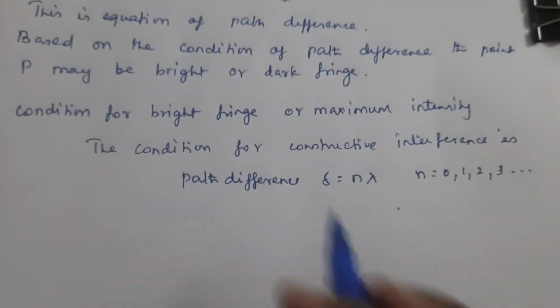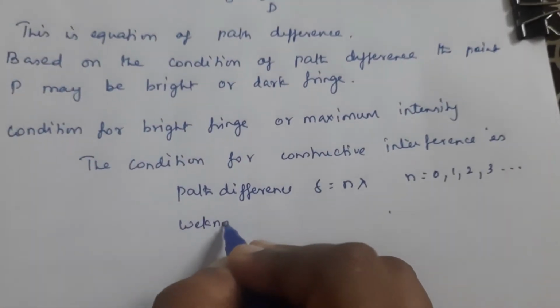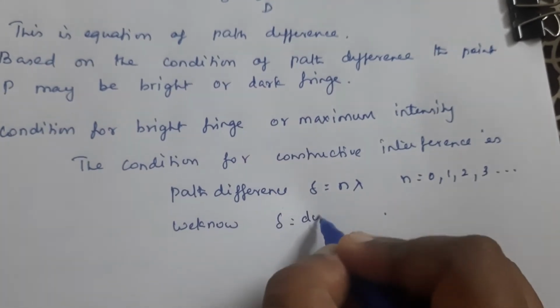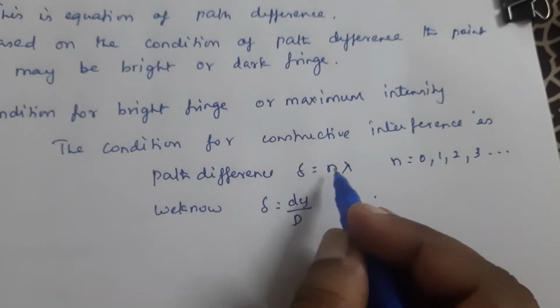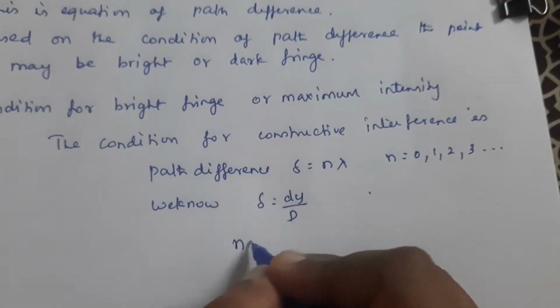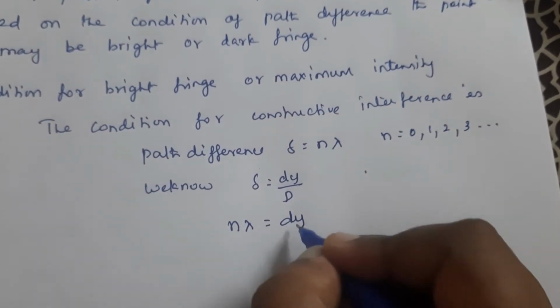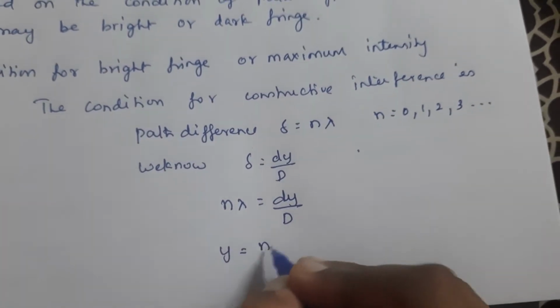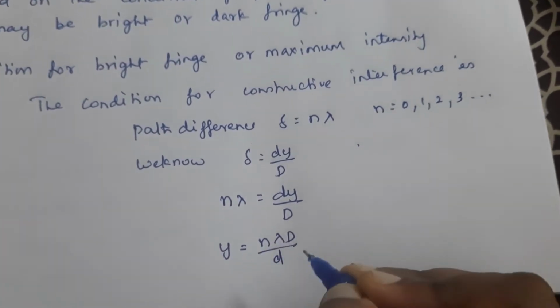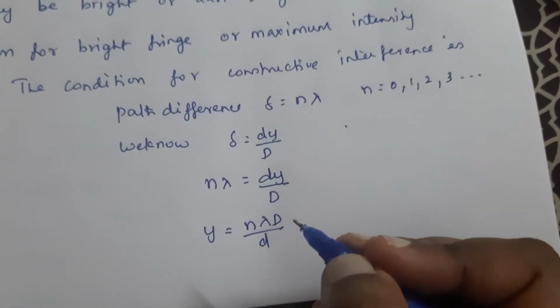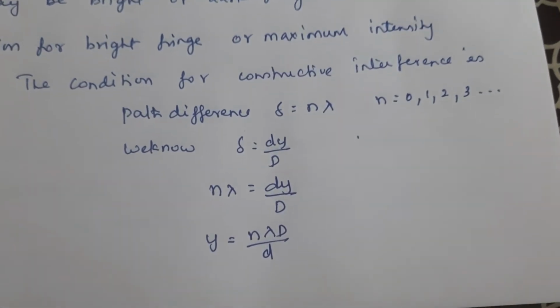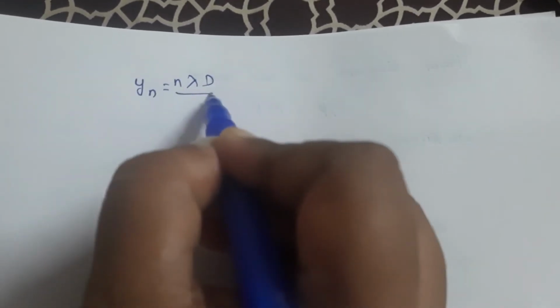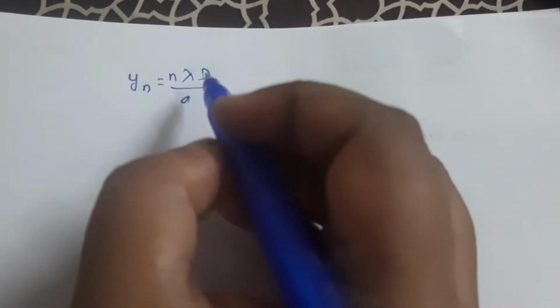Now we know delta is equal to dy by D. So for delta I am going to substitute n lambda. N lambda is equal to dy by D. So y is equal to n lambda D by d. Or you can write yn is equal to n lambda D by d.